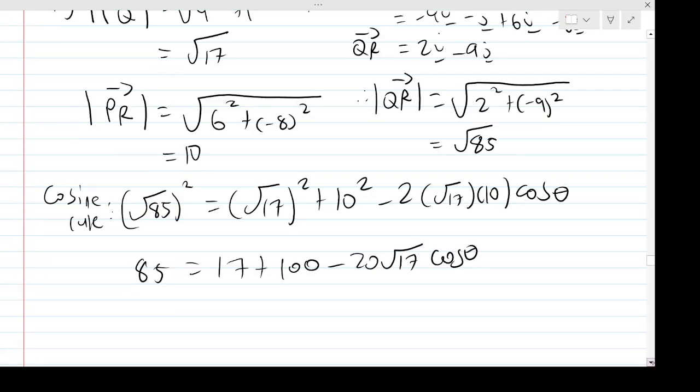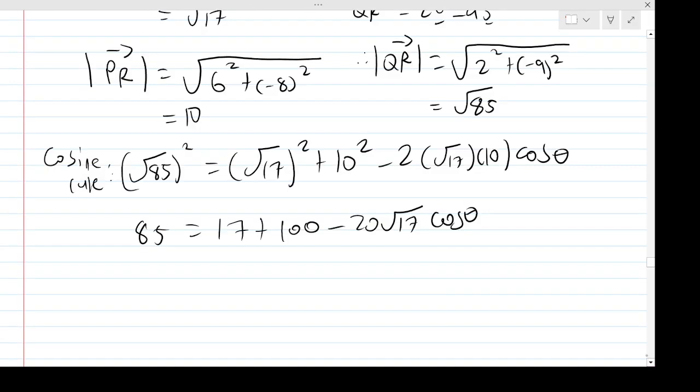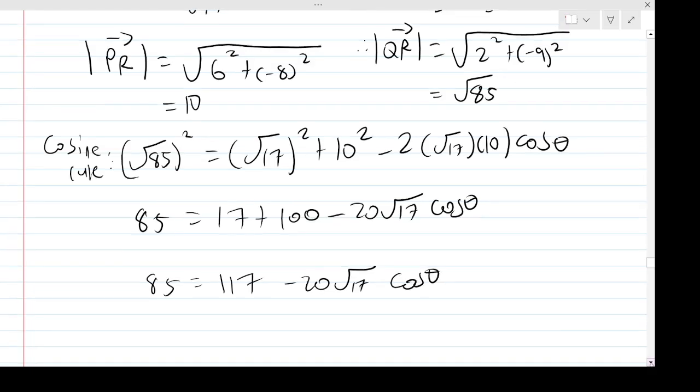Then I can add these numbers together to simplify some more. So 85 is going to equal 17 add 100, which is 117, minus 20 root 17 cosine of theta.